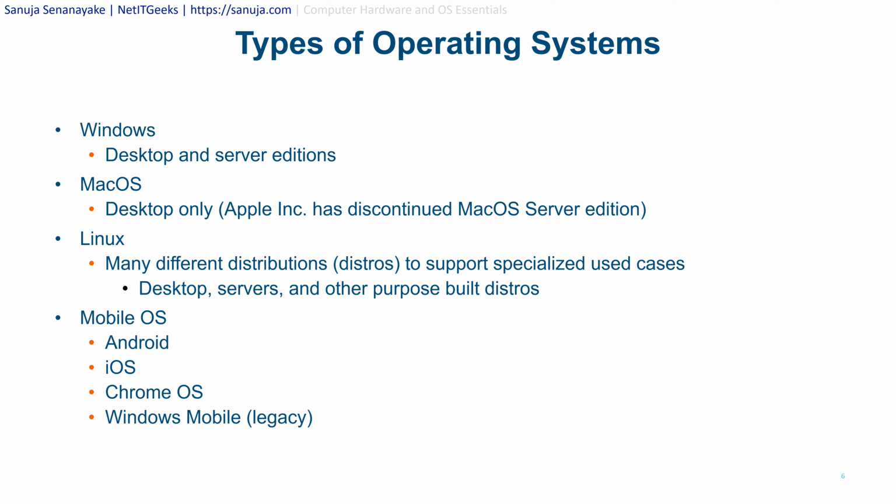It's like a laptop, but it's based on the Chromium operating system. Windows Mobile is a legacy operating system that is no longer in production but used to be part of the Windows Mobile applications. So you may come across Windows Mobile. Again, I have covered that in a little more detail in my previous lecture as well.